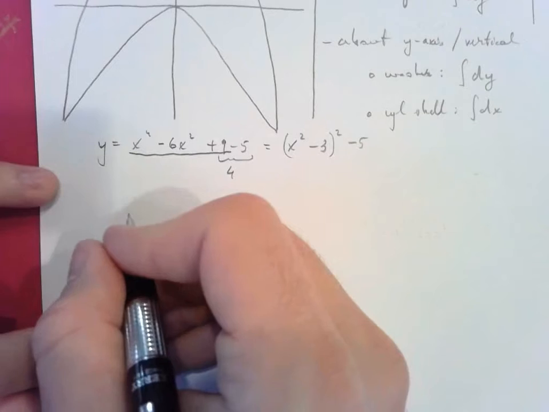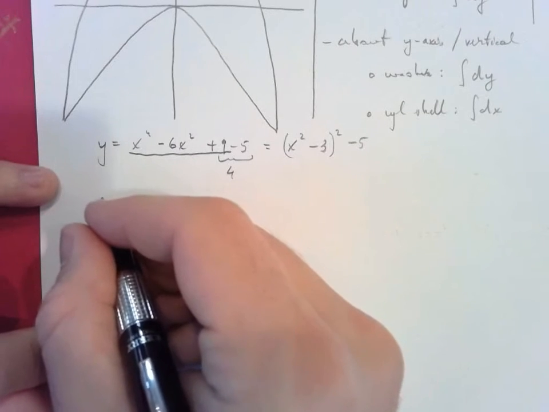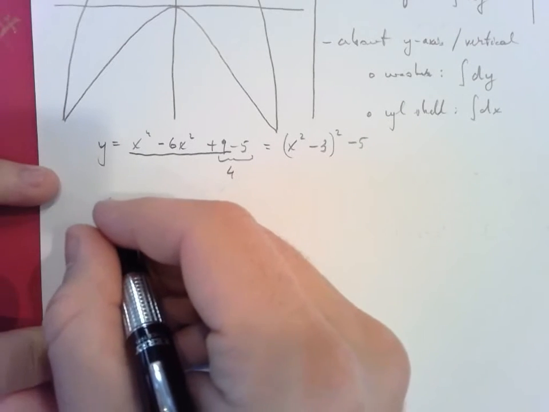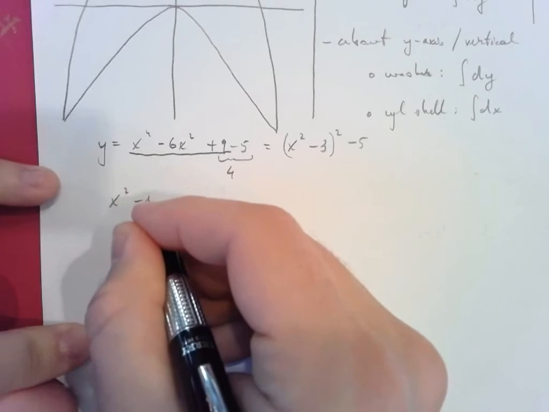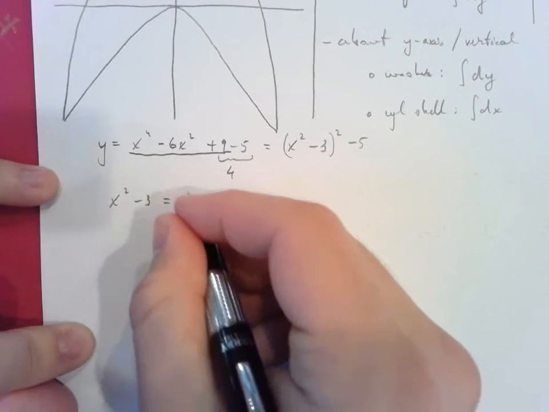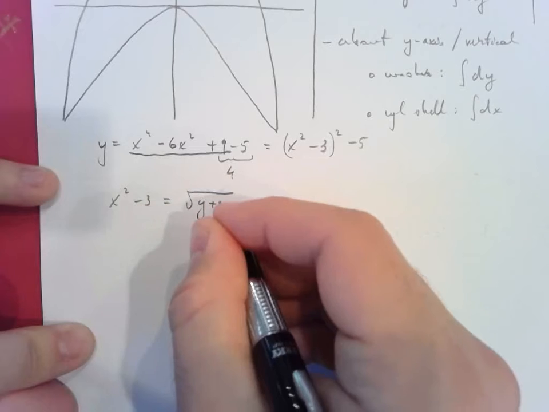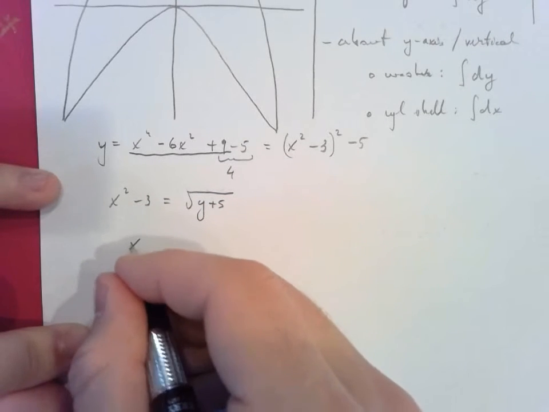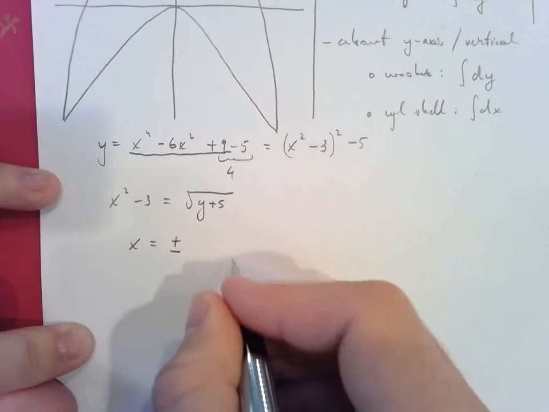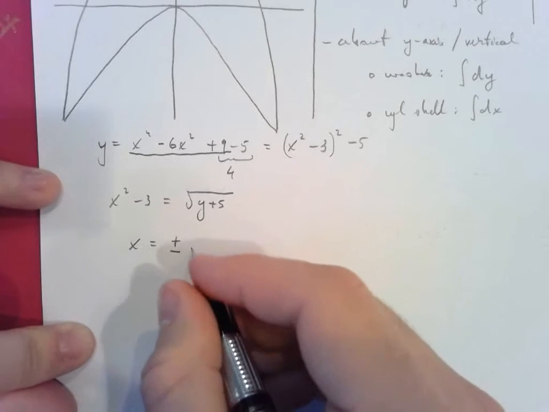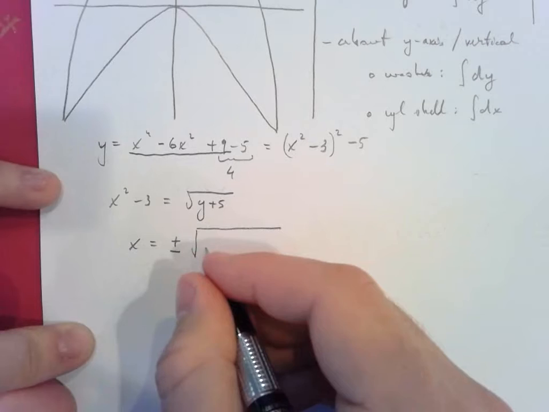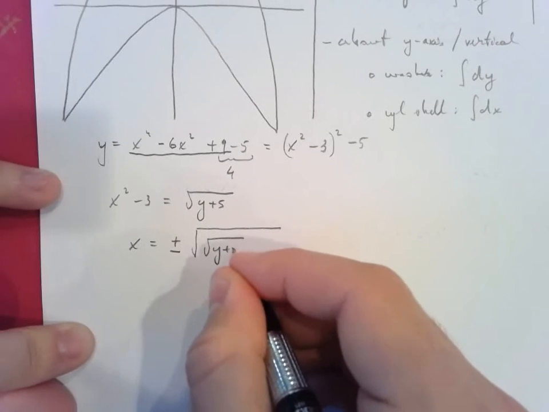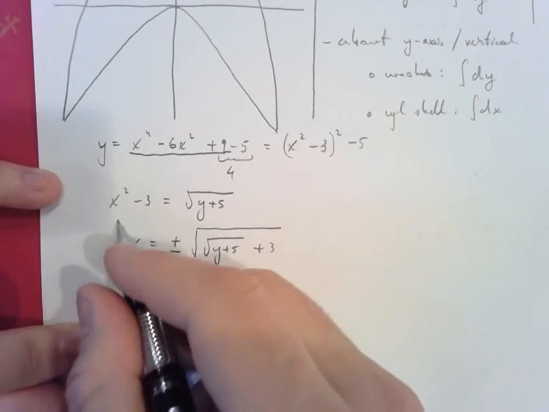So what's going to happen is I move 5 to the other side, so x squared minus 3, once I apply the square root, is the square root of y plus 5, and I move 3 and then I apply another square root, so x is going to be plus or minus the square root, and under the big one I have the square root of y plus 5, plus 3.